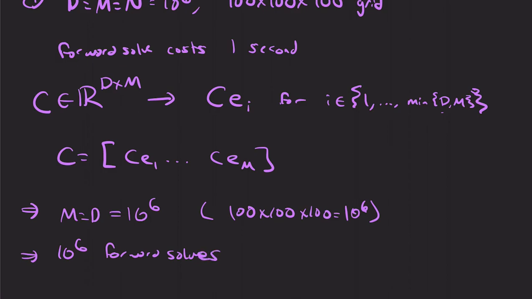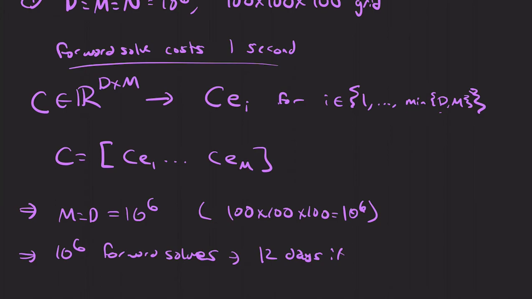But in computing C, we only need to do 1. So that's 10 to the 6th forward solves. We don't need to do the adjoint part explicitly, because we could just multiply the two matrices. And that's 12 days, since each forward solve costs 1 second. So that's a long time.